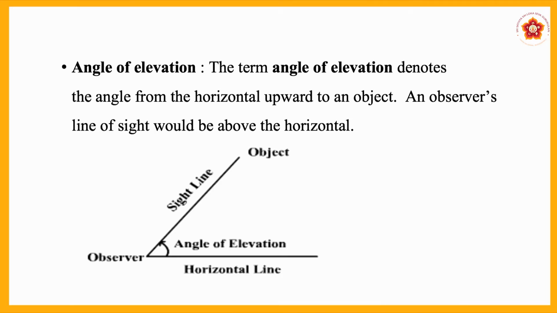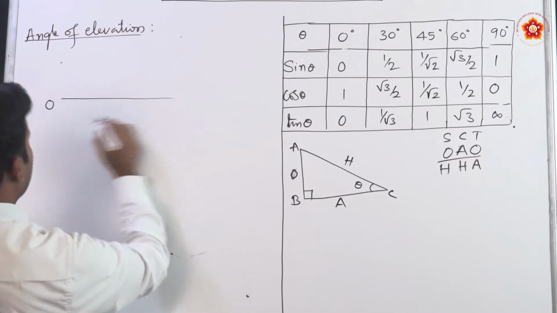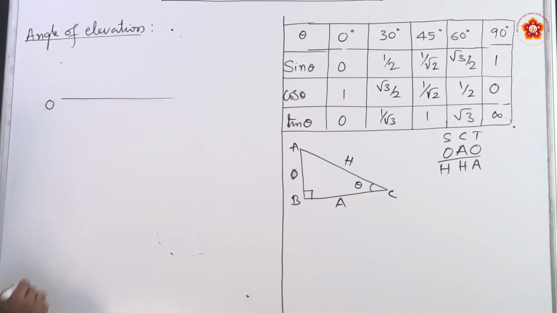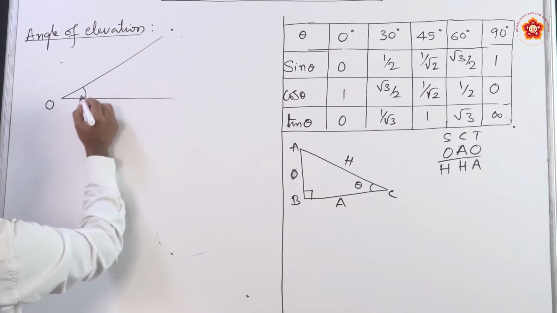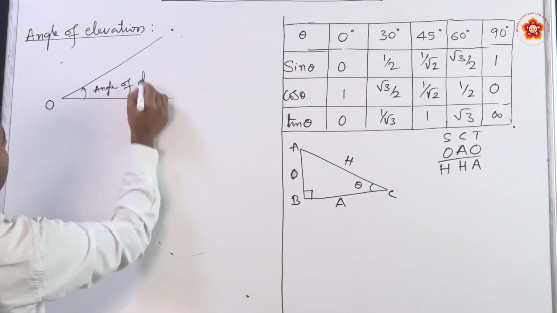See, this is the horizontal and this is an observer. Suppose you noted the object over here, then your line of sight should be above the horizontal line. Then this becomes the angle of elevation.